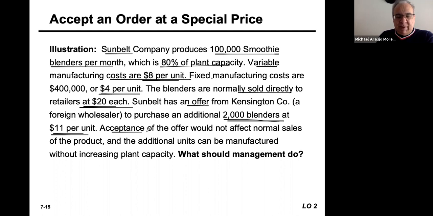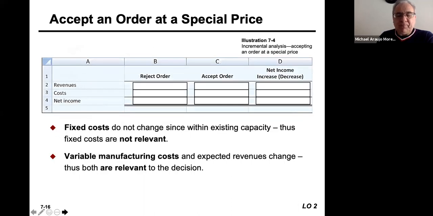Well, should they accept? Again, you need to know it would not affect the normal sale of the product. This is all additional units. So what should they do? Well, let's figure it out. If they rejected the order, meaning they didn't do it, they would have no new revenue.